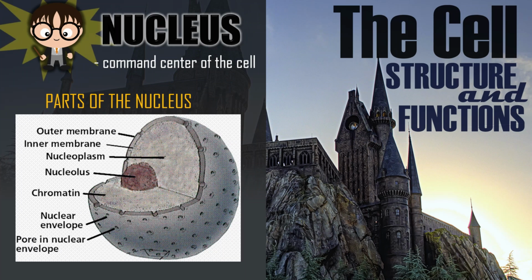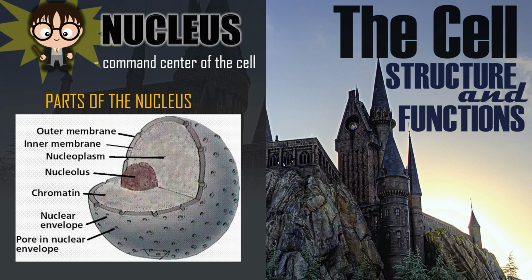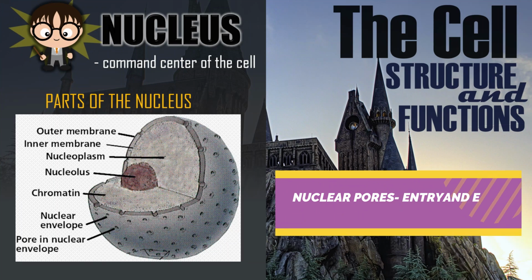Within the nucleoplasm are strands of chromatin. Chromatin is a combination of DNA or deoxyribonucleic acid and proteins. Chromatin strands further condense to form chromosomes during cell division. Substances that move in and out of the nucleus can pass through the envelope's nuclear pores, the holes here.